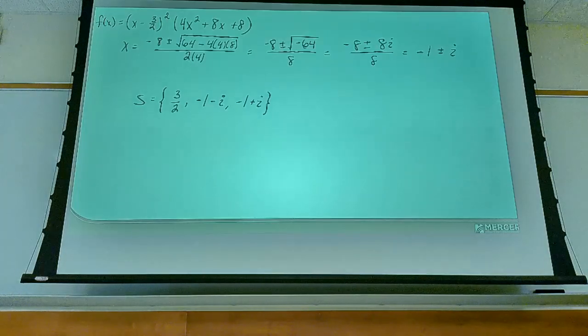Right, but notice this doesn't violate the rule of having exactly 4 zeros, because it does say you have to account for multiplicities. Since 3/2 occurs twice, that gives you 2 zeros, then your 2 complex is 4.